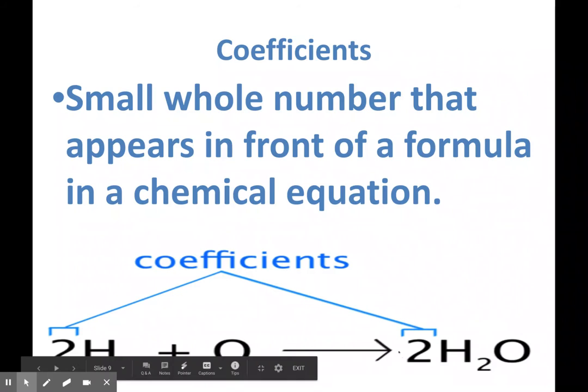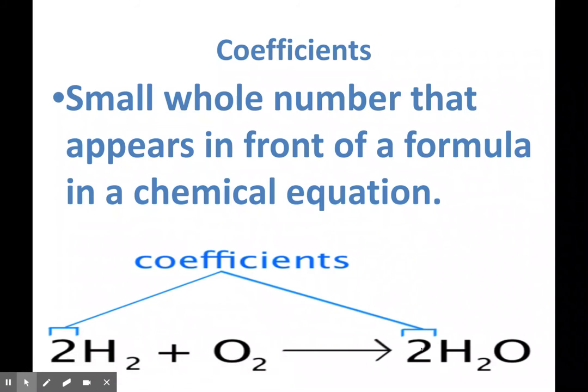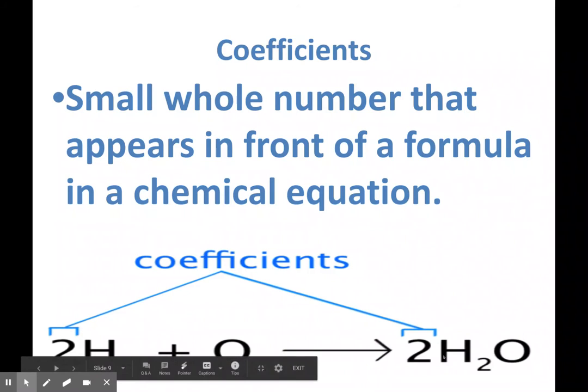So if we look at this here, this is saying I have 2 water molecules produced. So then if I ask, okay, how many hydrogens do I have there? This 2 is going to multiply all the subscripts in that formula, in the substance that it's right before. So this would give me 4 hydrogens and 2 oxygens.